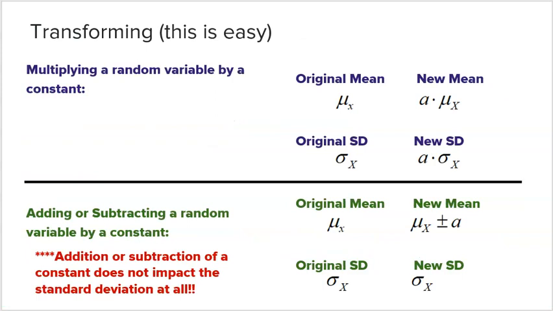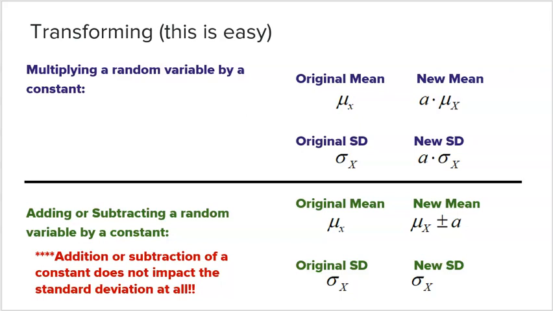Let's talk about transforming first, because to be honest, it is quite easy. There are 2 different things you have to be concerned about. If you're multiplying a random variable by a constant, in terms of maybe converting from one unit to another, you typically have to multiply.